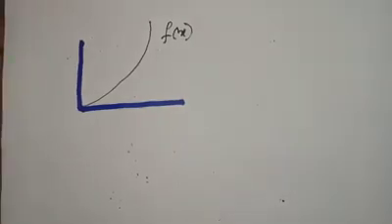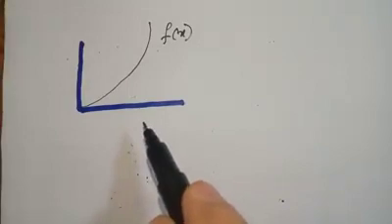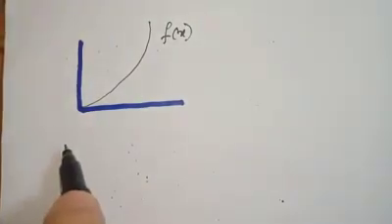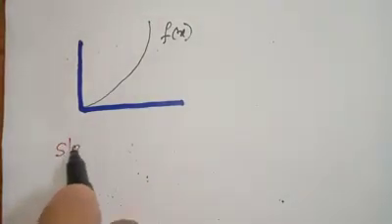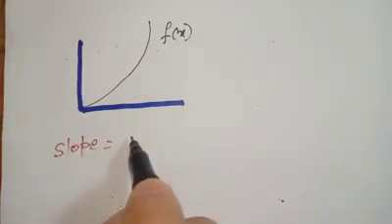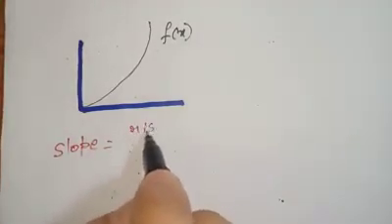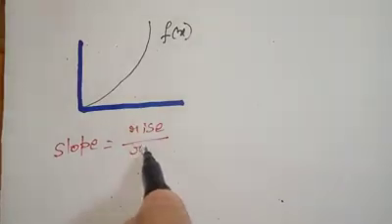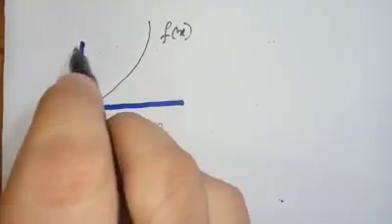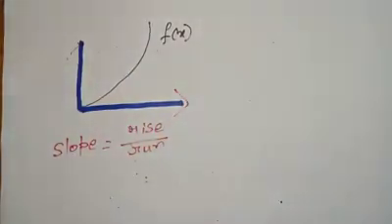So what we do over here is that we know the slope equals rise over run. So let me just write it for your convenience. Slope equals rise over run. We know what the rise is. This part is rising, and this part is the run.